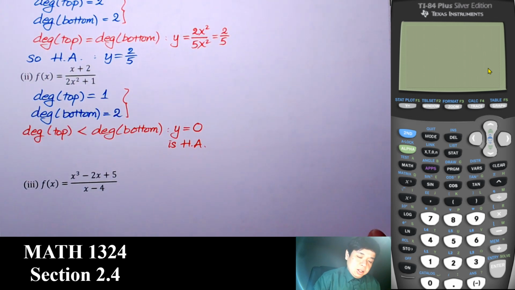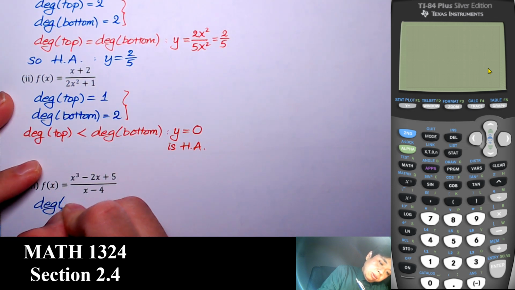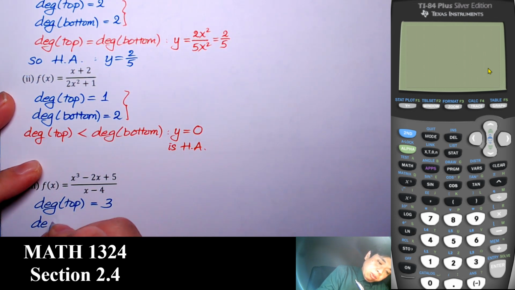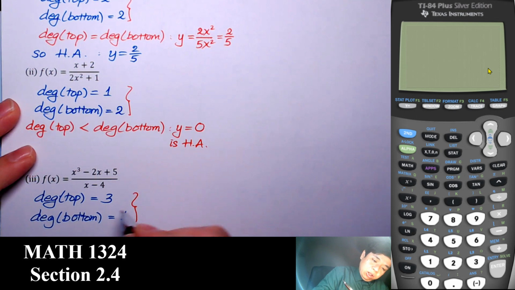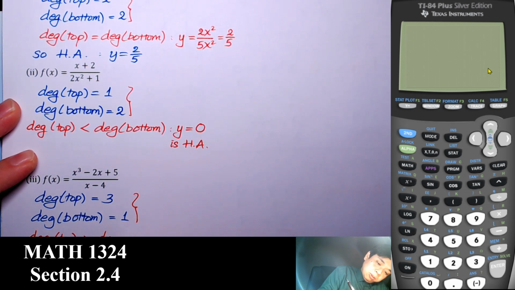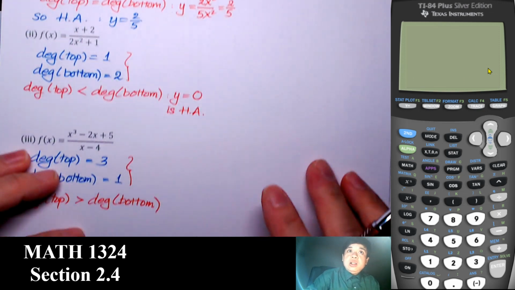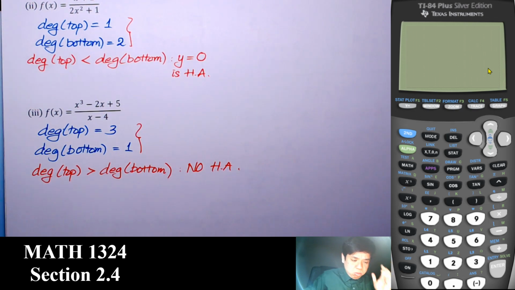Next we have this. The degree on top is 3 because of the highest power. The degree on the bottom, x minus 4, is 1. So here the degree on top is bigger. Bigger on the bottom, there's none, so there's no horizontal asymptote. So it's straightforward like that.